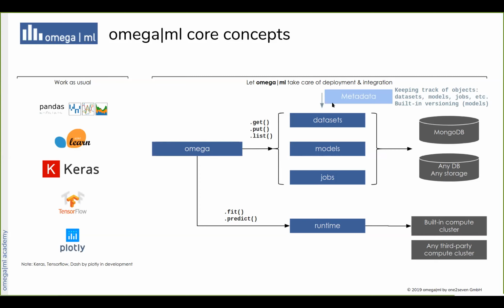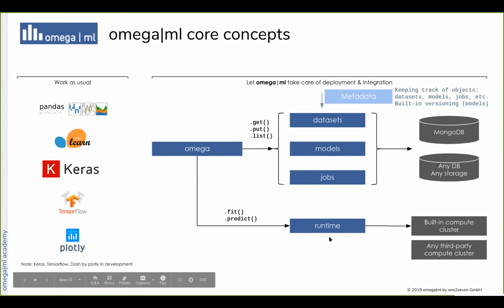Also, Omega ML keeps track of what it stores. So there is a metadata layer which knows what it stores. So you give it a name and it remembers that name, and it will also remember what type of data or what type of model you have stored. And it will use a plugin to retrieve that back once you want to do that. I'll give a quick demo on this part.